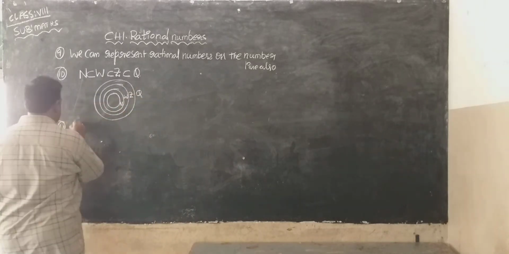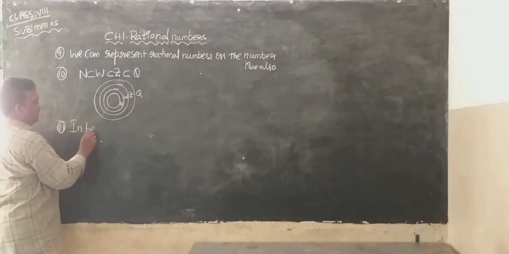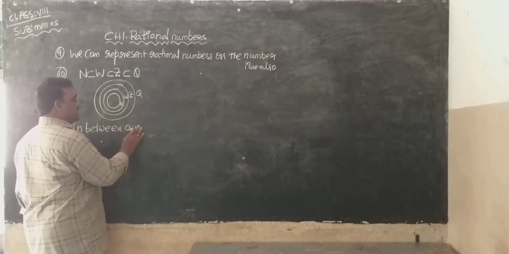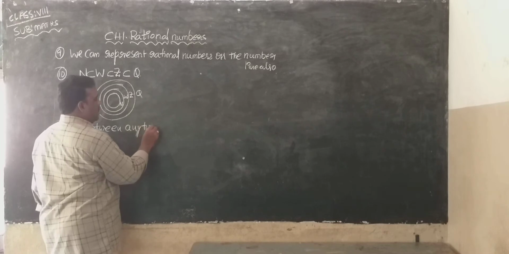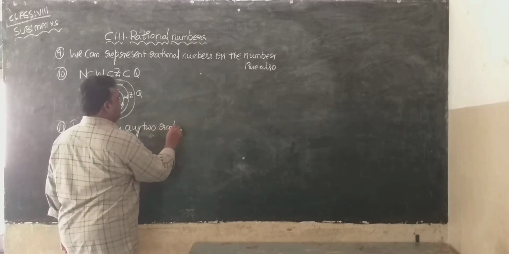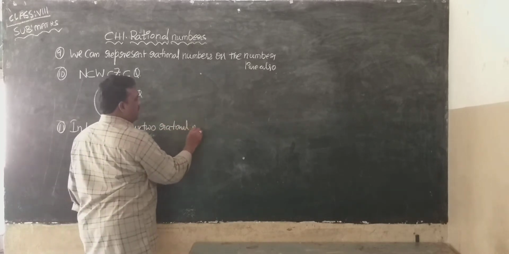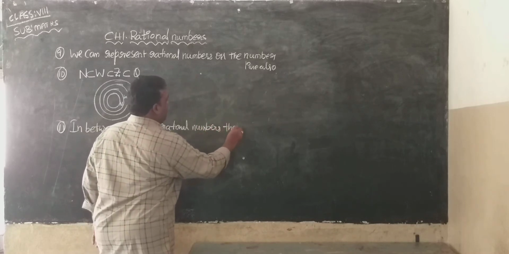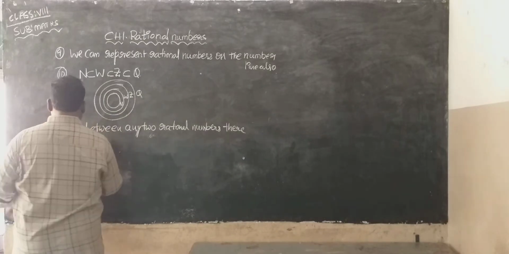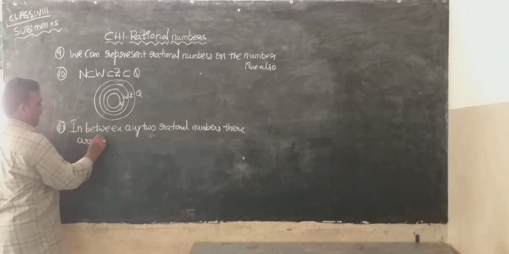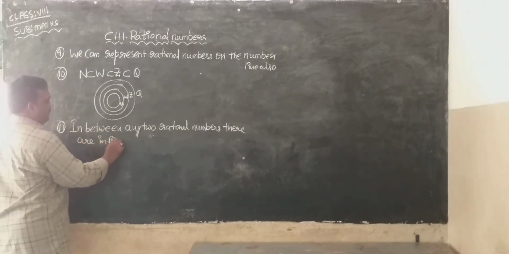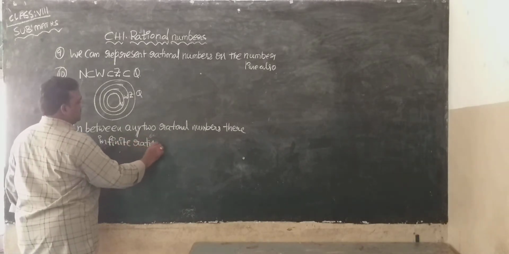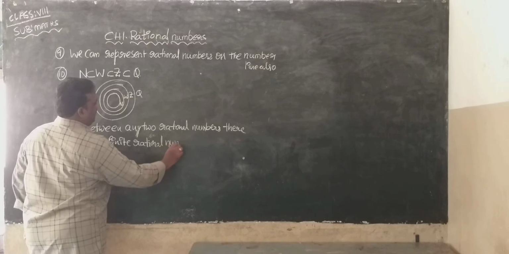Okay now. This is important: in between any two rational numbers, there are infinite rational numbers.